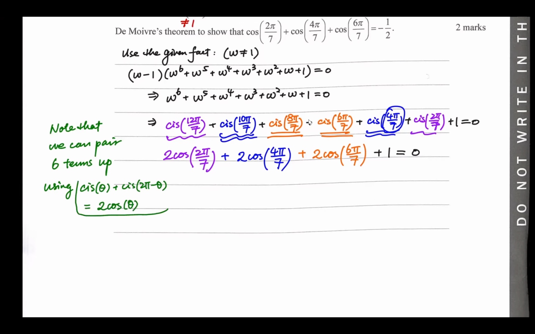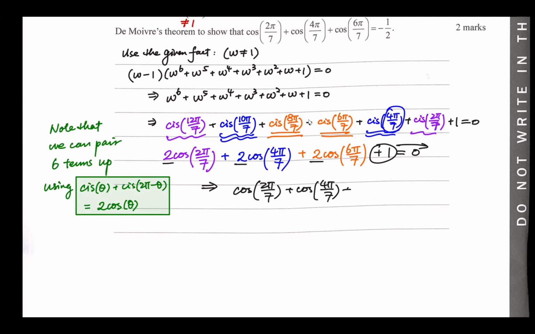So this is a general observation, true for any value of theta. Therefore, you just divide everything by 2 and push that to the other side. You get cosine of 2 pi over 7 plus cosine of 4 pi over 7 plus cosine of 6 pi over 7 equals minus 1/2. And that's shown, okay?